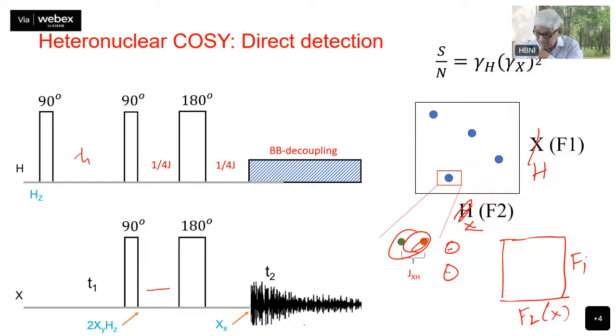F2 is X. F1 is H. And where is the splitting? Splitting is along the F1. Therefore, I will have a peak like this. So this will be the structure of the peak in this spectrum. And this portion remains the same: gamma H to the power 3 by 2. That will be the same.